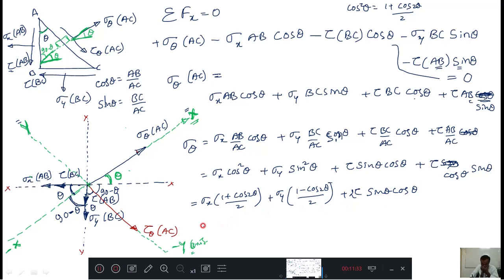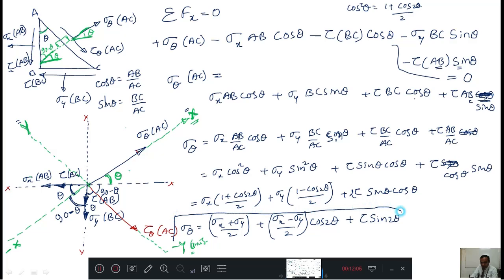Now sigma x I will send inside and sigma y I will send inside, split the bracket and rearrange, you will get sigma x plus sigma y by 2 plus sigma x minus sigma y by 2 into cos 2 theta plus tau, 2 sin theta cos theta is sin 2 theta. This is the equation for sigma theta, by heart.